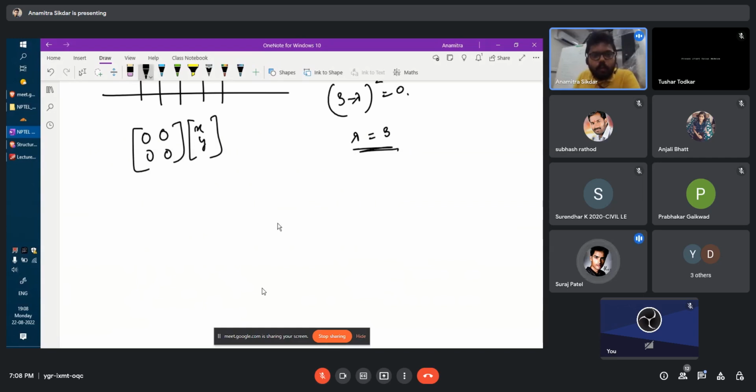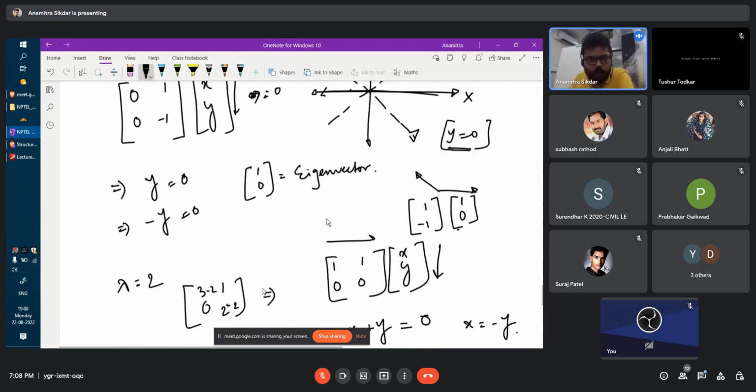We will get 0 is equal to 0, so there will be no equation to write, right? Yes sir, I got it. So all the possible directions will be the eigenvectors, but there will be one eigenvalue, that is 3.